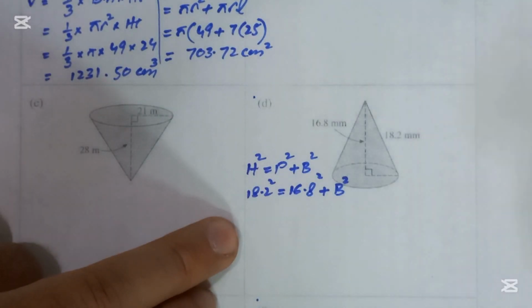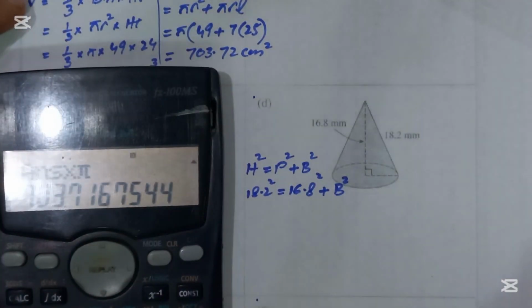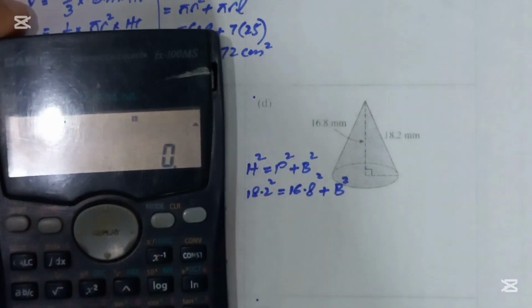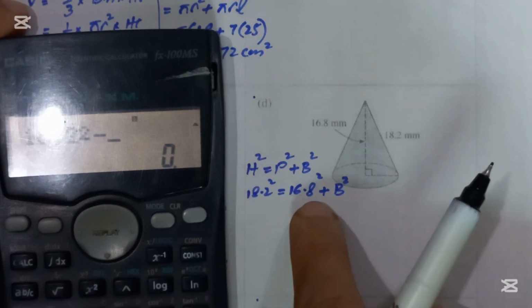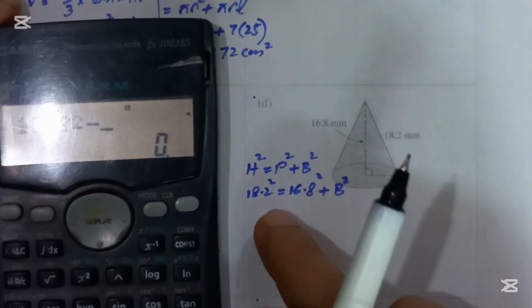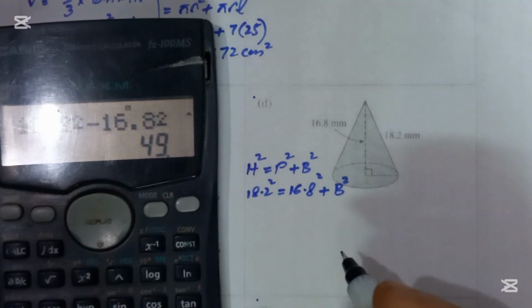Now we will solve this on the calculator. 18.2 square, and this 16.8 square will be subtracted from it, which equals 49.